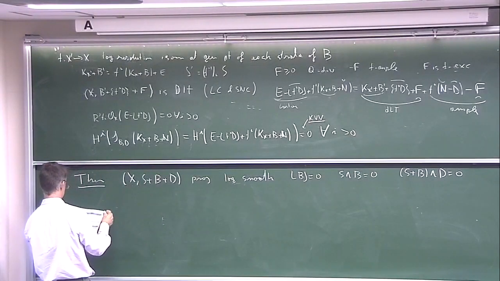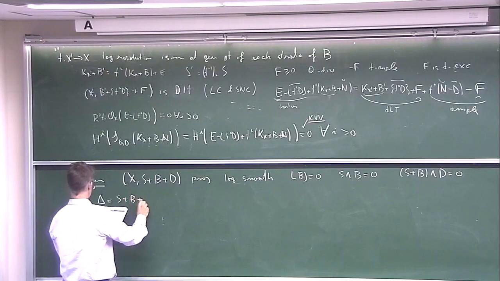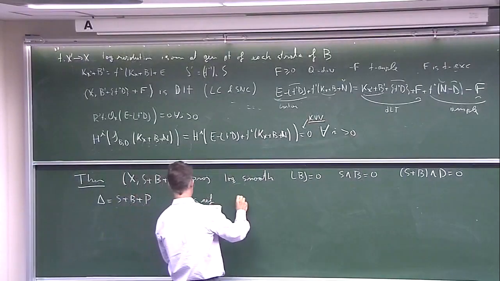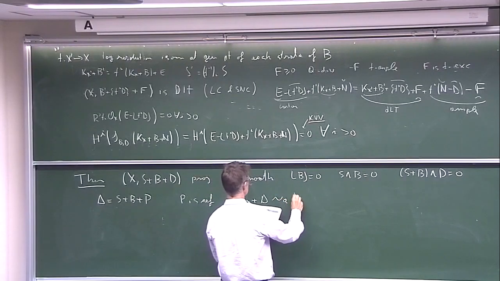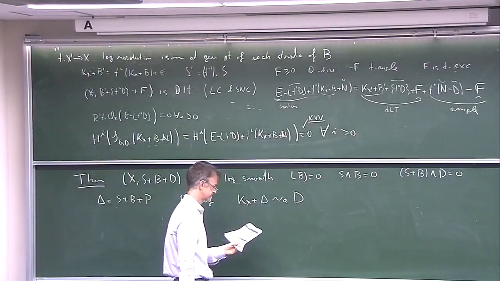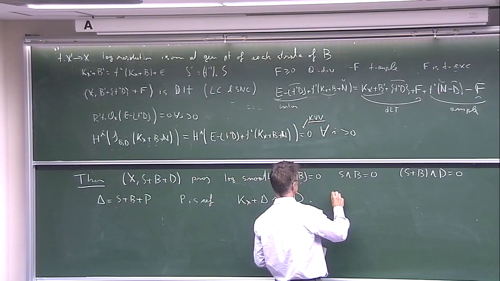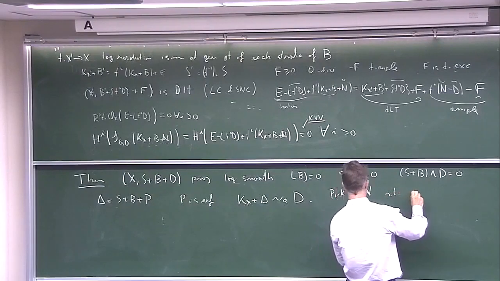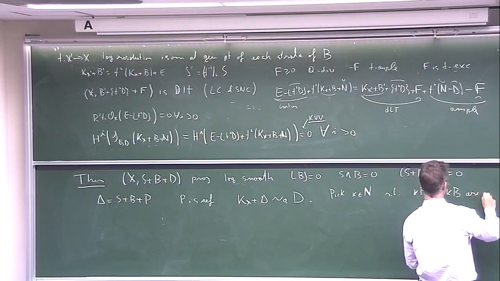Now, delta is another divisor, which is s plus b plus p, where p is nef, and Kx plus delta is Q-linearly equivalent, let's say, to this divisor d. And I pick k, some positive integer, such that kp and kb are integral.